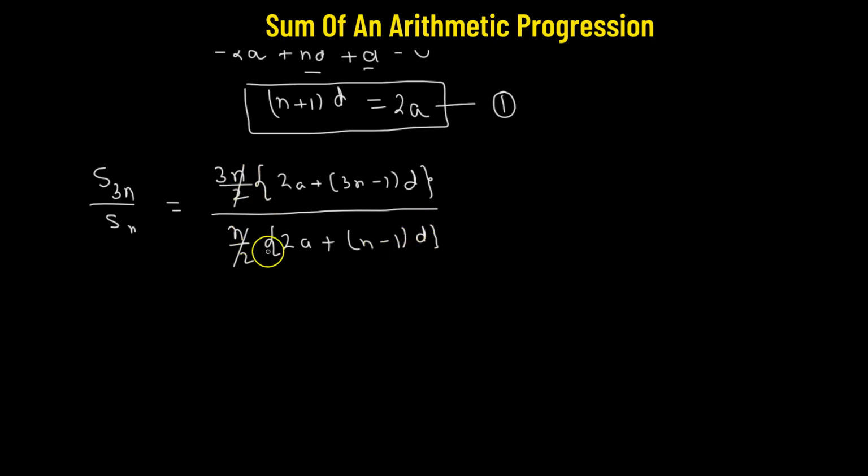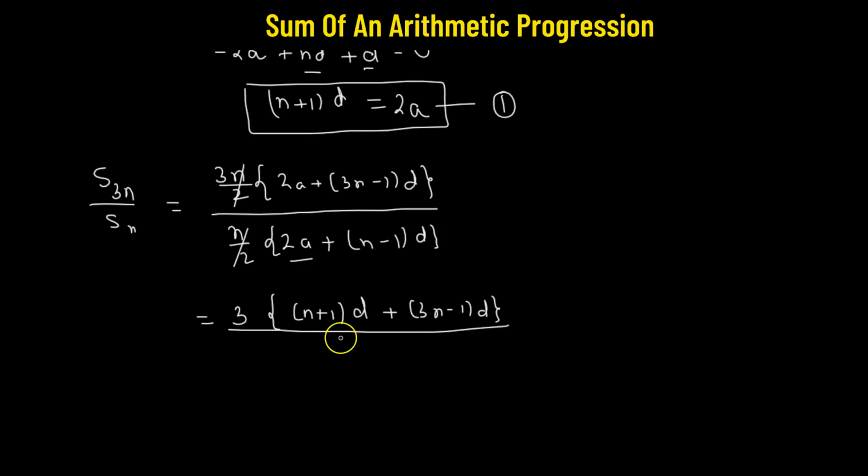So here n over 2 and n over 2 go away, so we have 3 multiplied by 2a. Now in place of 2a, we can use equation number 1 to replace it with n plus 1 times the common difference d. In the denominator we have 2a, so this 2a can also be replaced with n plus 1 times the common difference d plus n minus 1 times the common difference d.